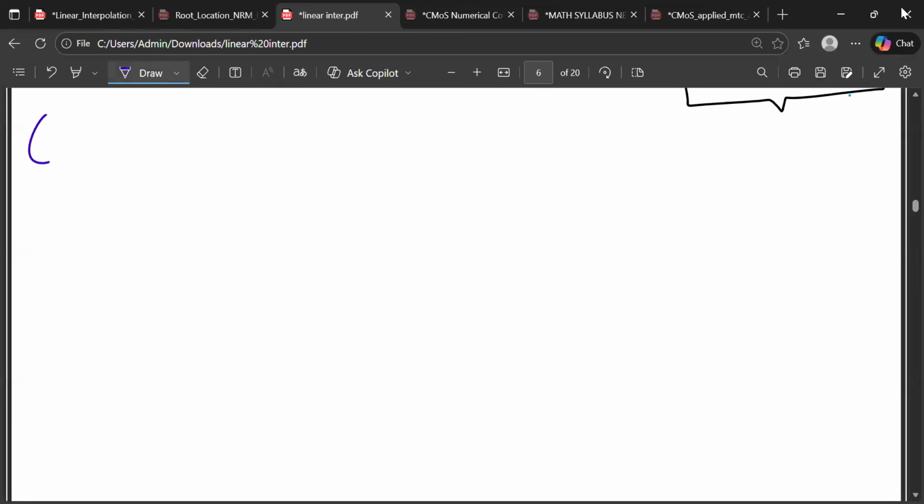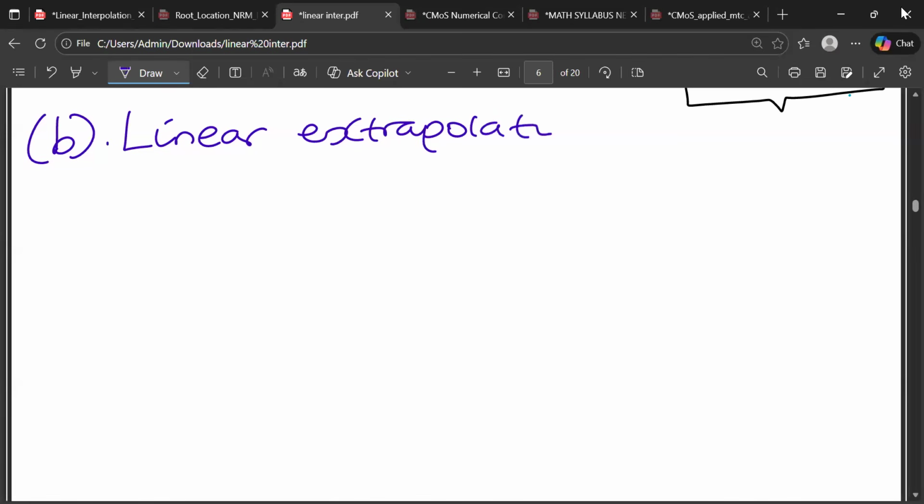Okay. So part B. Let's do some linear extrapolation. It's what I meant. This is something that usually comes most of the time.